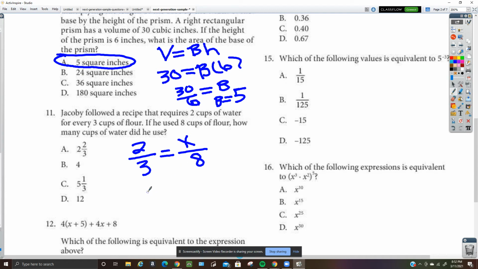So cross multiply and divide by 3. So 5 1/3.